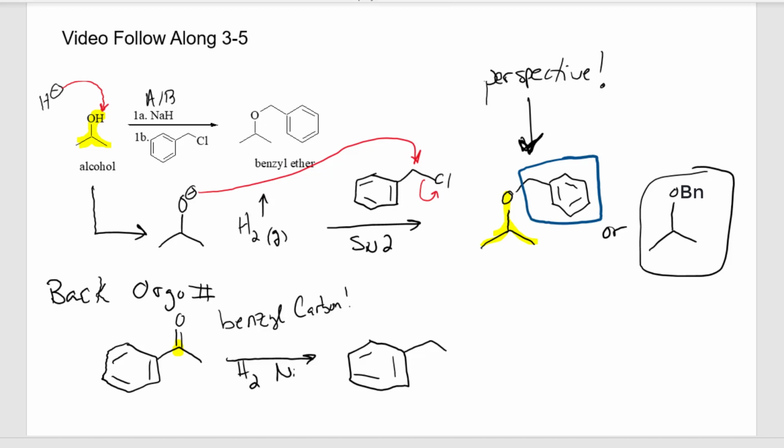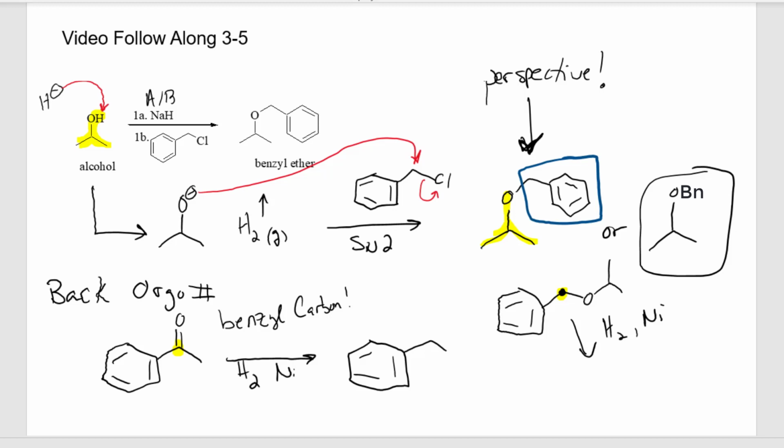So if you just turn this molecule around, you can see that this carbon right here is a benzyl carbon. So if we can do that on a carbonyl, we can definitely do it on this ether-like system. So removal could be with just hydrogen and some catalyst.